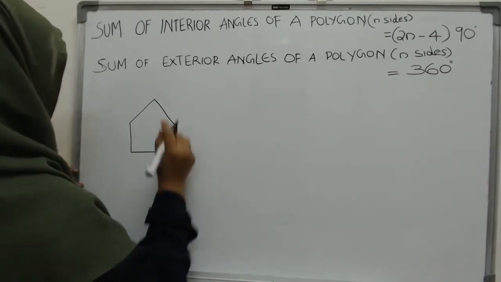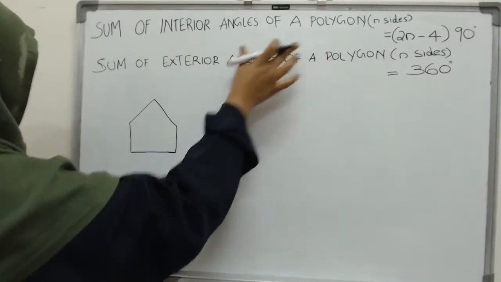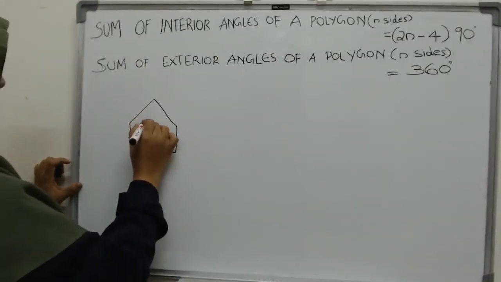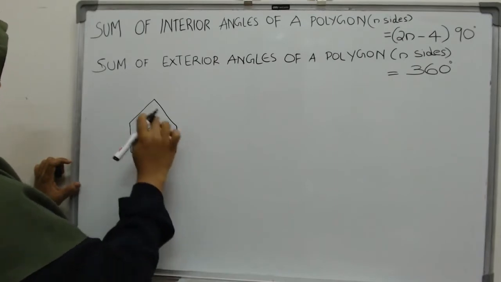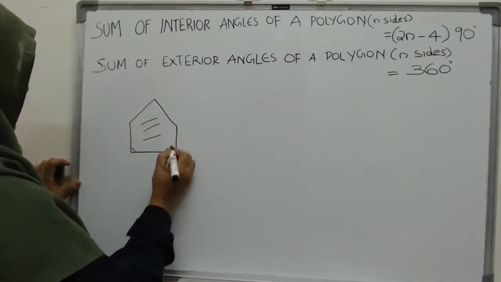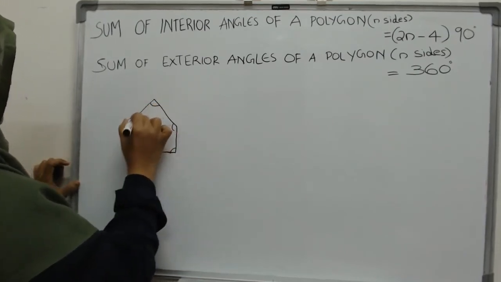So now what this formula says is that we have the sum of the interior angles. What is the interior of a polygon? This will be the interior of a polygon. And how many angles will we get? We will get 5 angles.